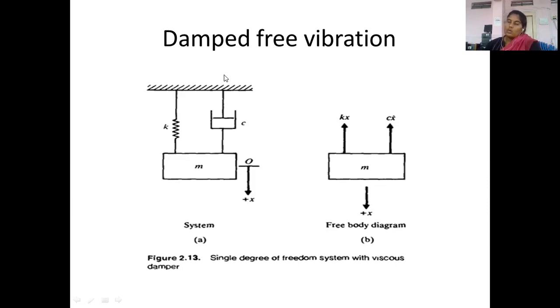So you have to understand these two basic differences: one is the damped and undamped vibration, and the second is the free vibration. Both cases are free vibration, but the difference is with damping and without damping.